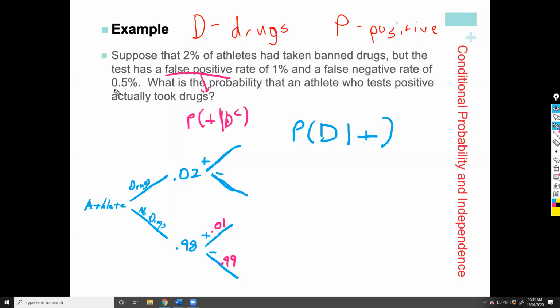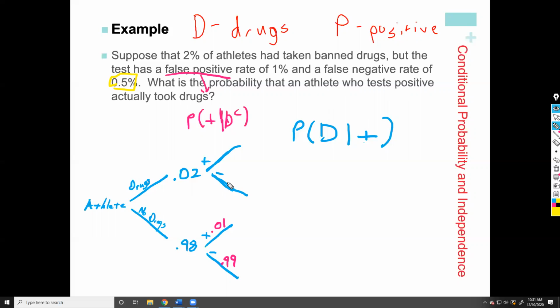And then our false negative rate is 0.5%. So that's our probability that we have a person who took the performance-enhancing drugs, but then still tested negative.